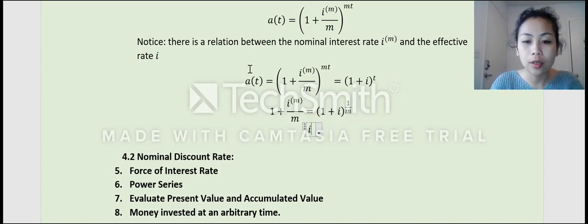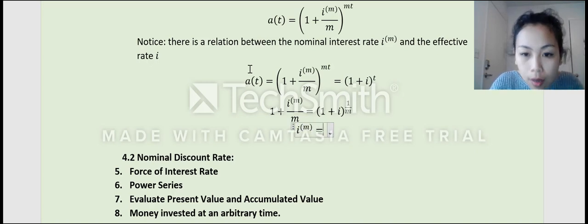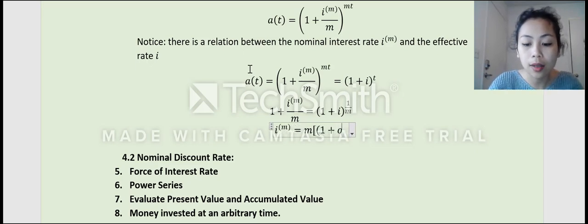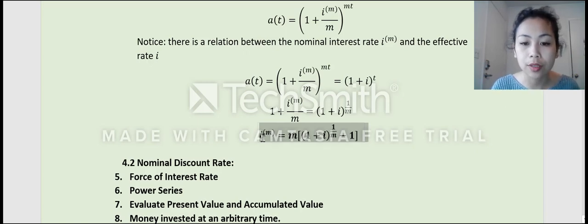So i^(m) is equal to m times ((1 plus i) to the 1 over m minus 1). So this is the connection between nominal interest rate and effective rate.